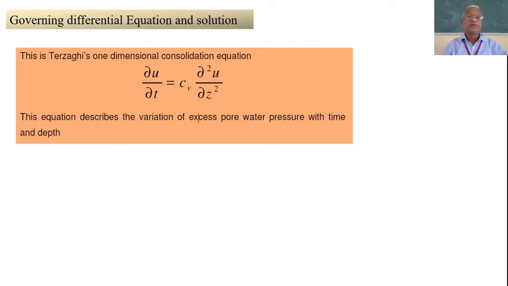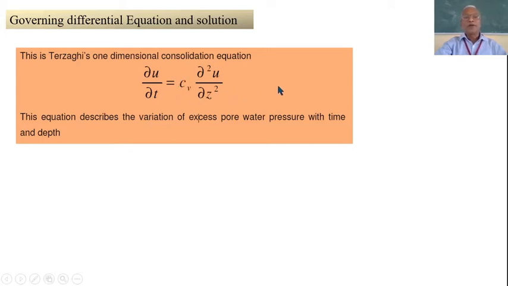The equation is a second order differential equation, ∂u/∂t equals Cv times ∂²u/∂z², where u represents pore water pressure, or it is indirectly indicating percentage of consolidation, along with time factor and depth. Cv is the coefficient of consolidation that we'll be defining shortly.